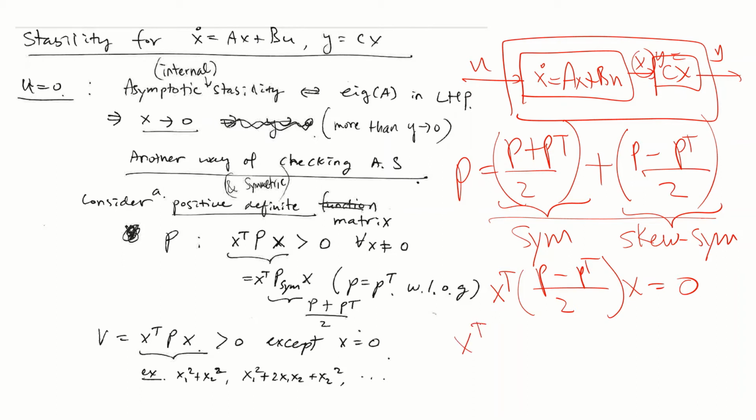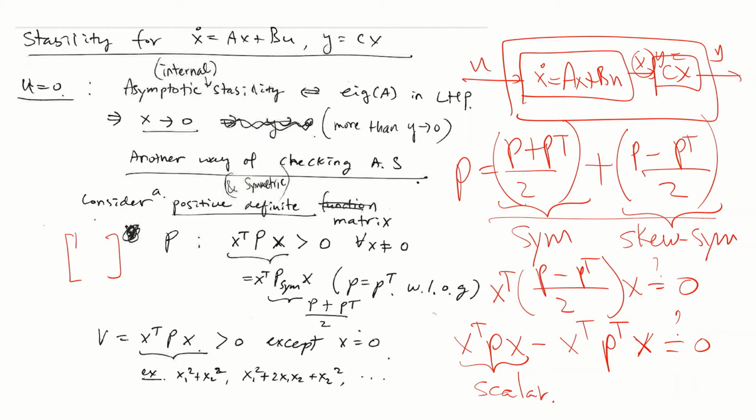Why is that? We have x transpose P x minus x transpose P transpose x. Why is it 0? Because this is always a scalar, just a number. This x transpose P x is a 1 by 1 quantity.